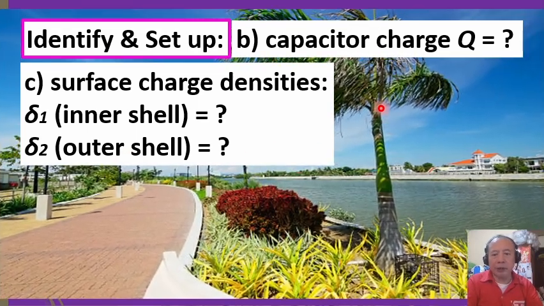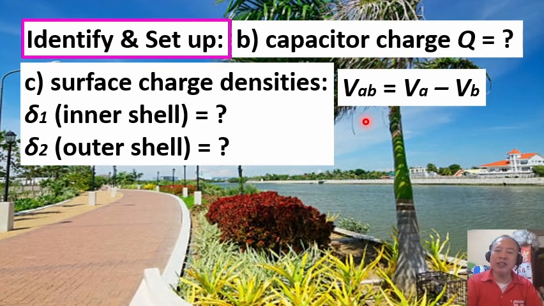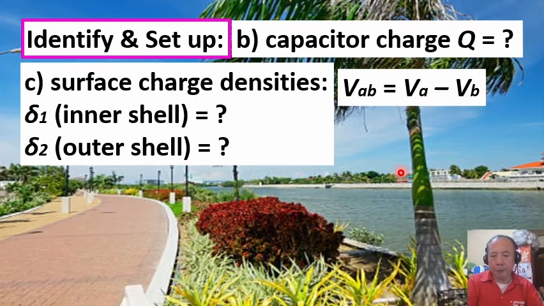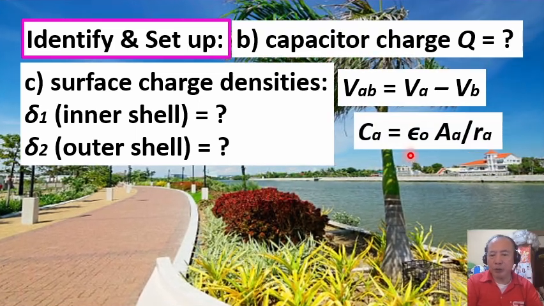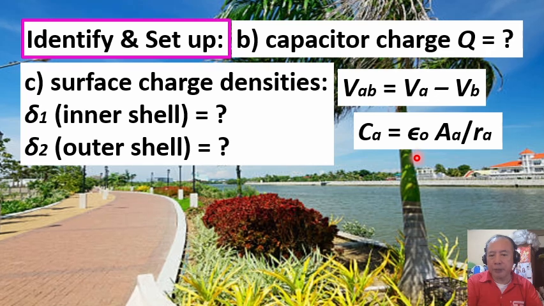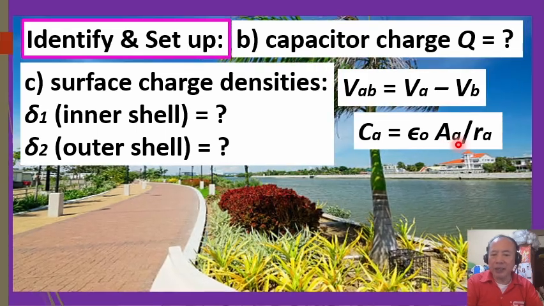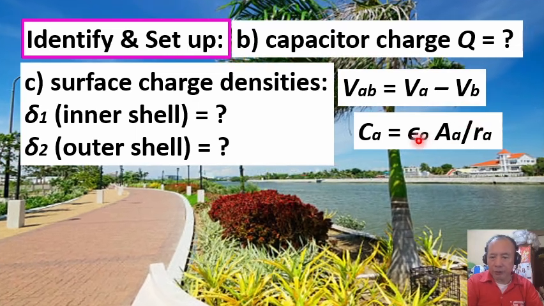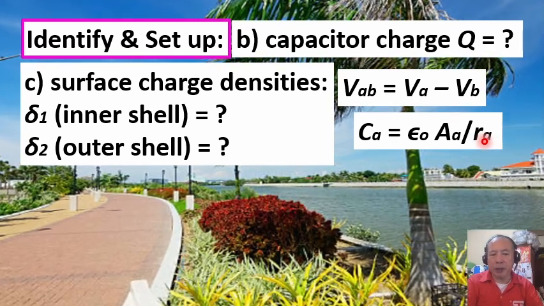Going into our computations, we start by determining an expression for the potential difference, capital V sub AB, which can also be written as V sub A minus V sub B. Also, you must recall that capacitance in a vacuum can be expressed as the product of the electric constant epsilon naught, also known as the permittivity of free space, multiplied by the surface area A sub A, where the subscript A refers to the inner shell, divided by the outer radius r sub A. This is for the inner shell.